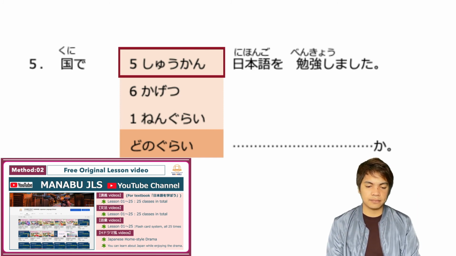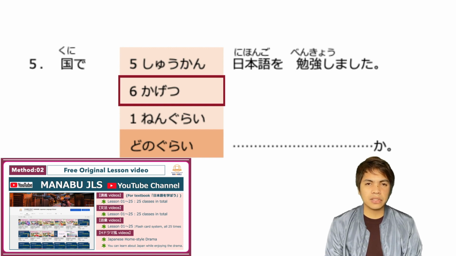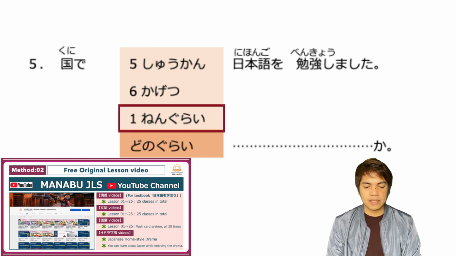Next, 国で6ヶ月日本語を勉強しました, I studied for 6 months. Next line, 国で1年ぐらい日本語を勉強しました, about 1 year.